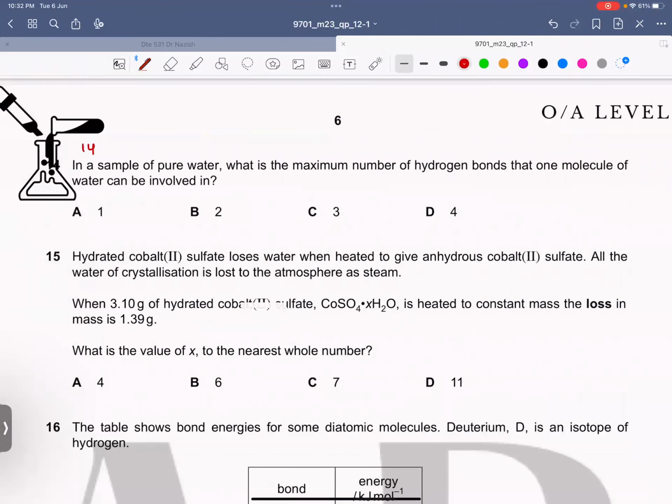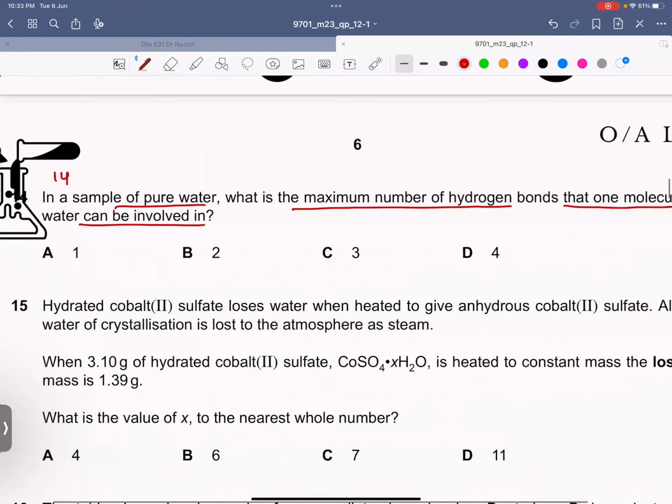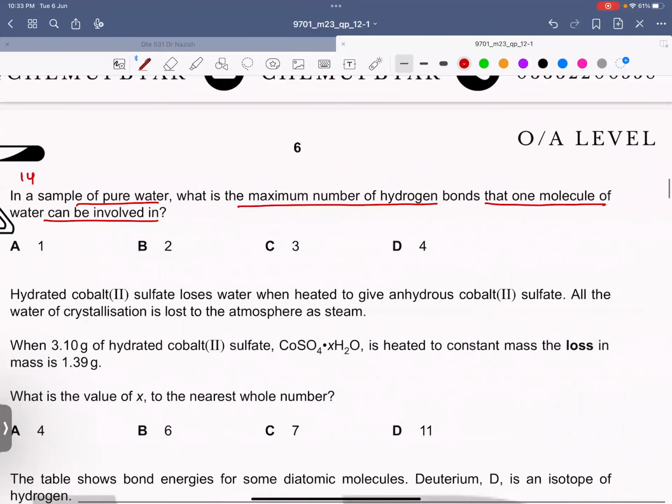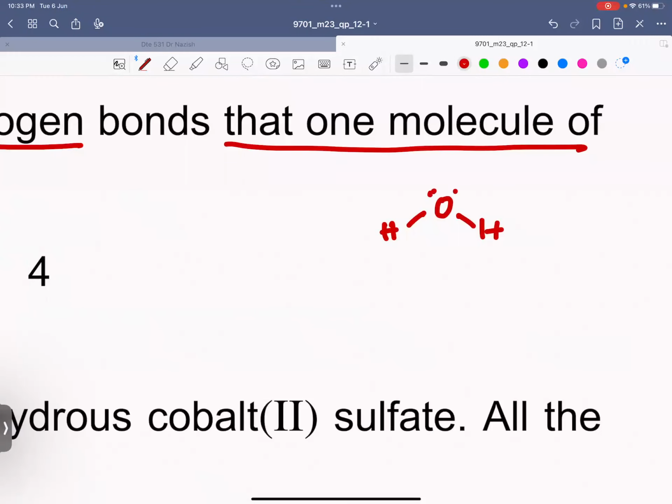Now question number 14. In a sample of pure water, what is the maximum number of hydrogen bonds that one molecule of water can be involved in? Yes, interesting question. So if we make one water molecule the subject, for example, this is one water molecule. In this one water molecule, there are 2 lone pairs of electrons as well.